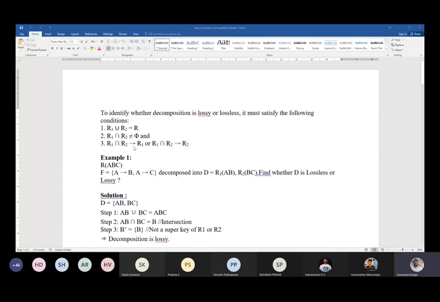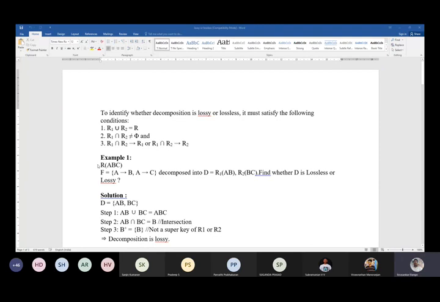And finally, R1 intersection R2 logically determines R1, or R1 intersection R2 logically determines R2, right? So the intersection of the fragmented relations should logically determine any one of the relations. So these are the three conditions to check whether a decomposition is a lossy decomposition or lossless decomposition, right?